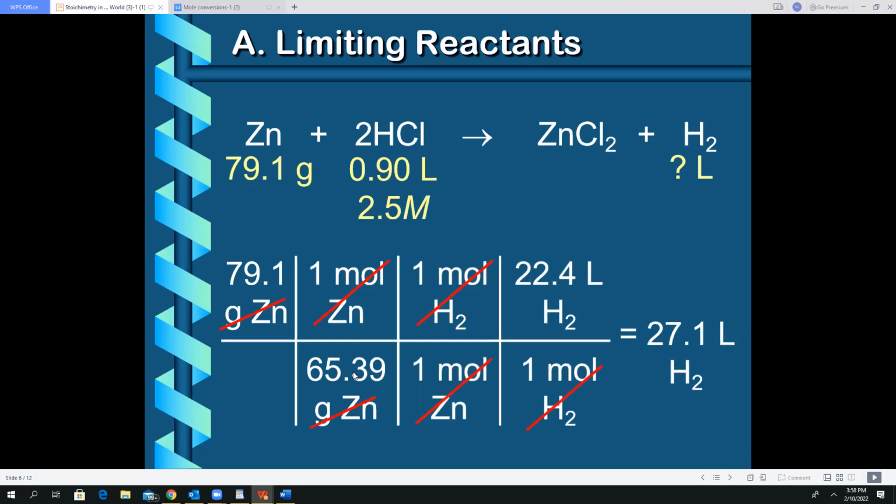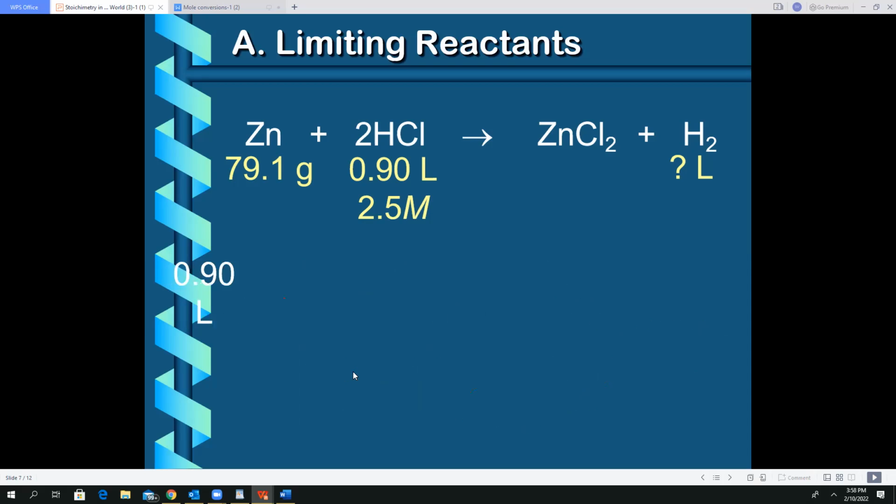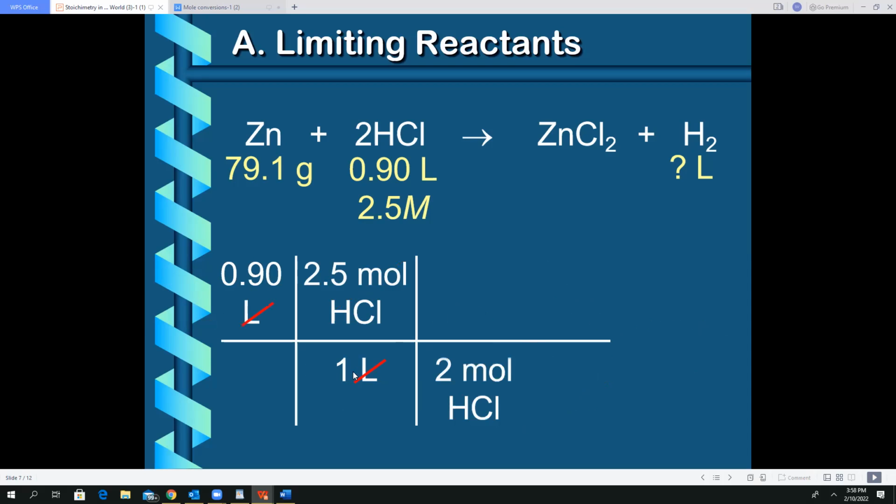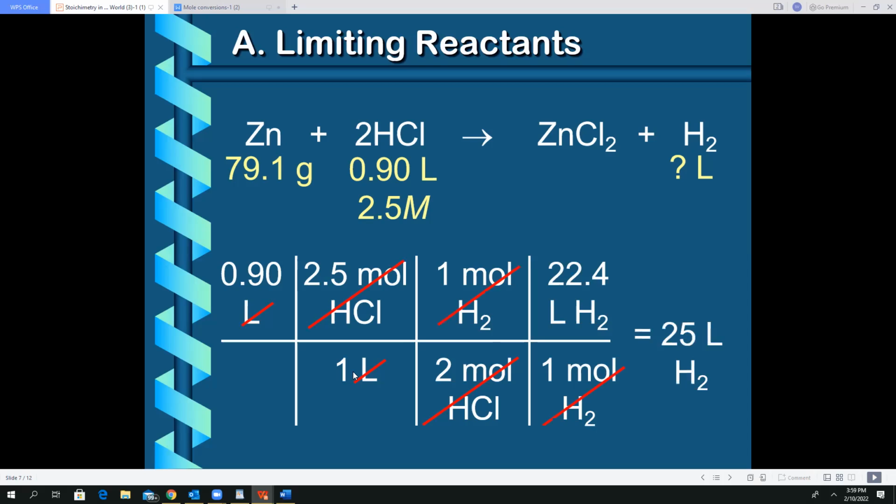Let's see again, 27.1. Okay, so 27.1 liters are going to be made of the hydrogen gas, right? And you're going to make only 25 with this other one. Okay, so obviously your reactant that is the limiting is the hydrochloric acid, correct?